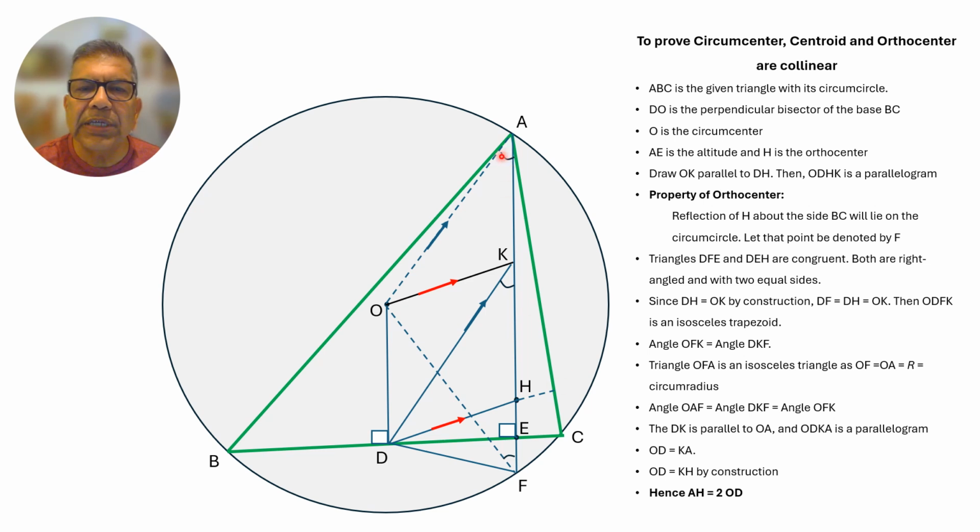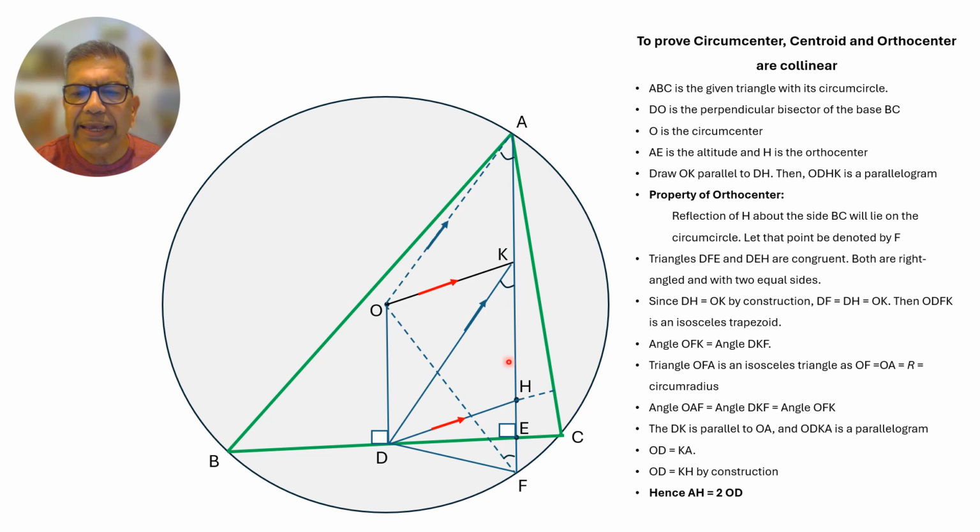Now since this angle here OAK is equal to DKH here, these two lines should be parallel. I have shown the arrow here. That is, this diagonal DK and the line OA are parallel. That means the length OD should be equal to length AK. Now comes the most important property I am looking for.